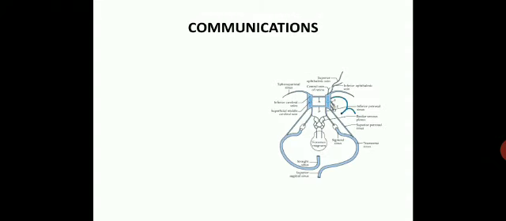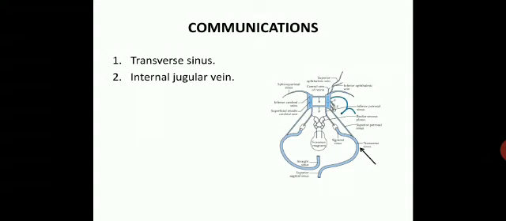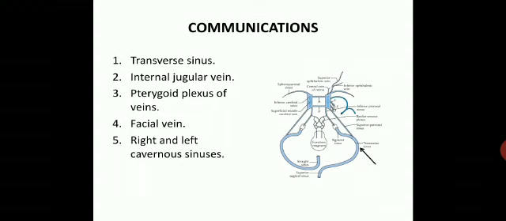Now the communications. It drains into the transverse sinus through the superior petrosal sinus, into the internal jugular vein through the inferior petrosal sinus, and through the plexus around the internal carotid artery, into the pterygoid plexus of veins through the emissary veins passing through the foramen ovale, the foramen lacerum and the emissary sphenoidal foramen, the facial vein through the ophthalmic vein, and the right and left cavernous sinuses through anterior and posterior intercavernous sinuses.